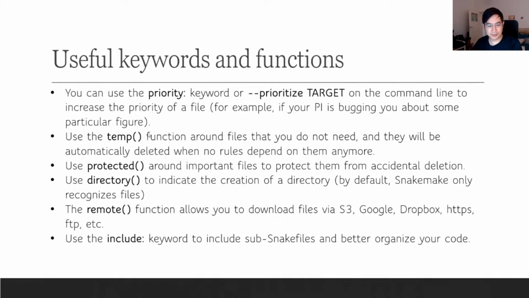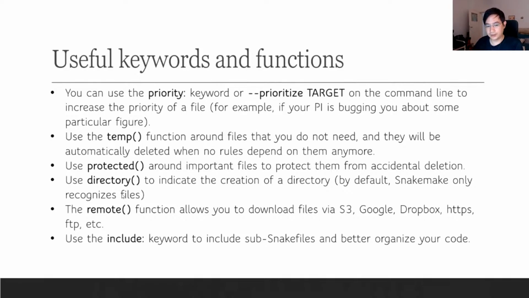Additionally, just like report, you can also decorate files using some functions if you want to do things automatically. You can use the temp decorator function to tell Snakemake that it can delete this file as soon as you don't need it anymore, just to save space. You can also use protected in case there's some output that's extremely important that you don't want to accidentally delete.